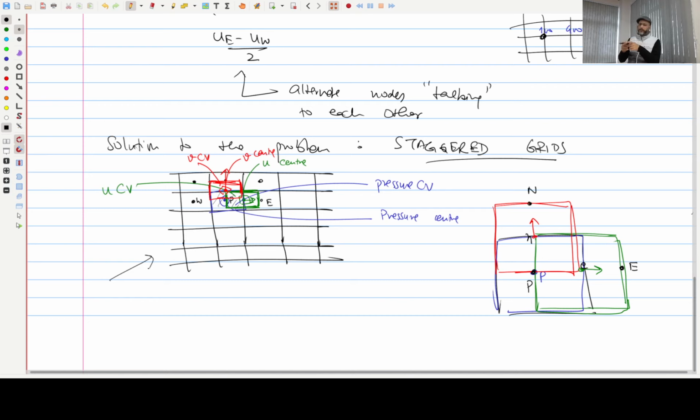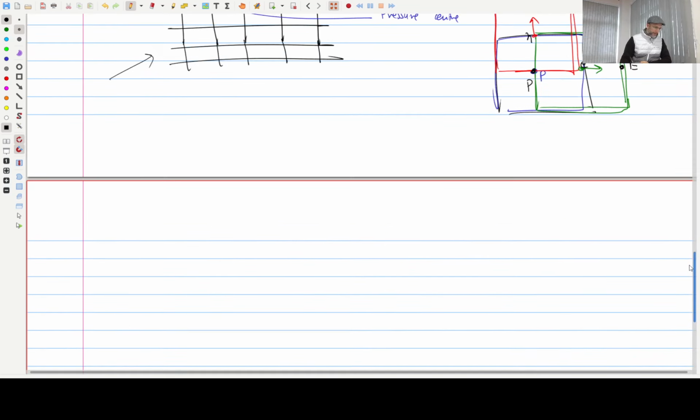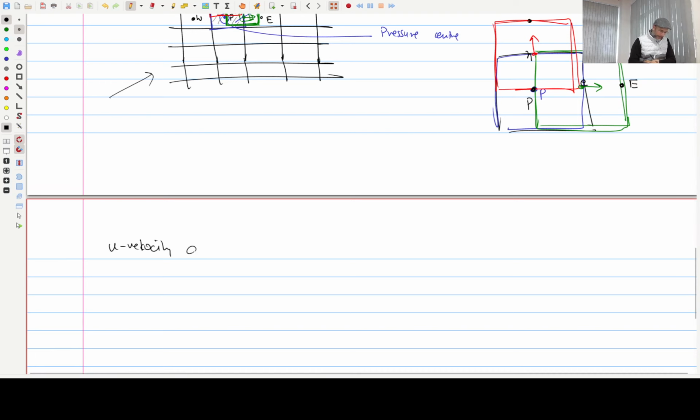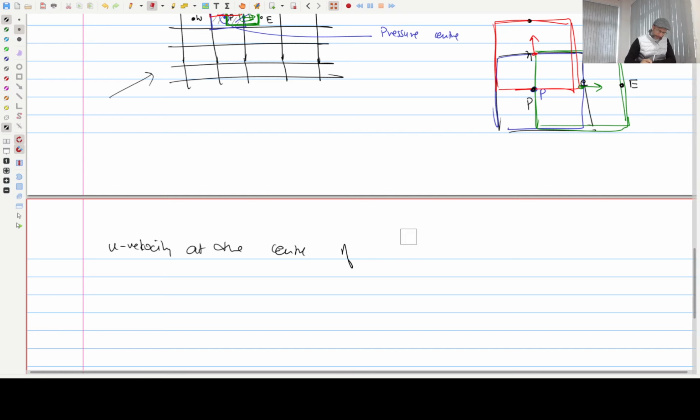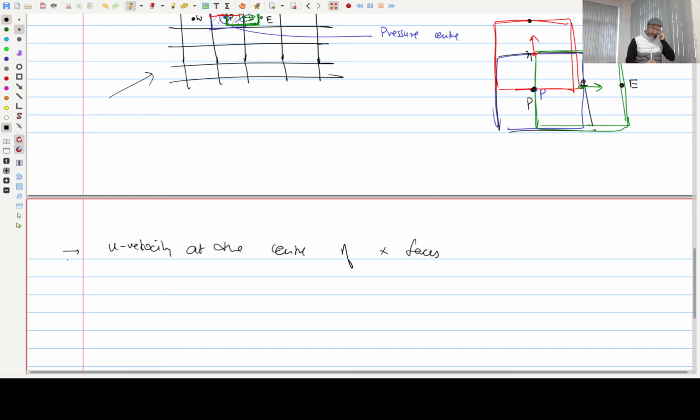Clear? So u velocities are defined at the center of x faces.